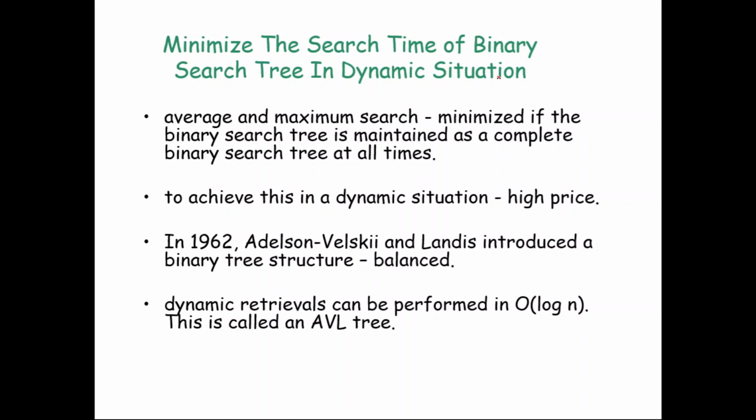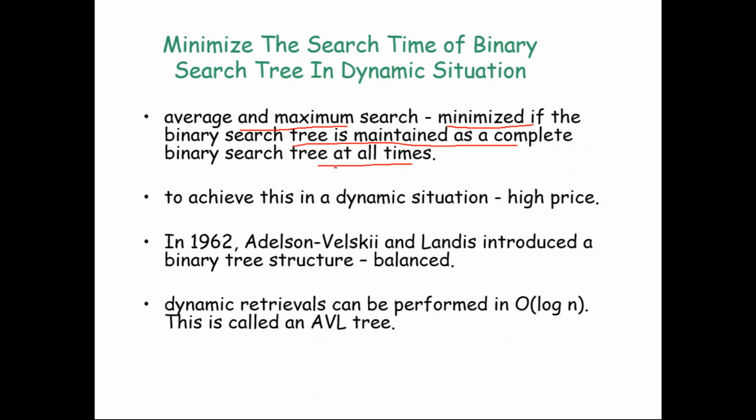The average and maximum search time will be minimized if the binary search tree is a complete binary search tree. A complete binary search tree is also a balanced binary search tree, so there also the average and maximum search will be minimized.